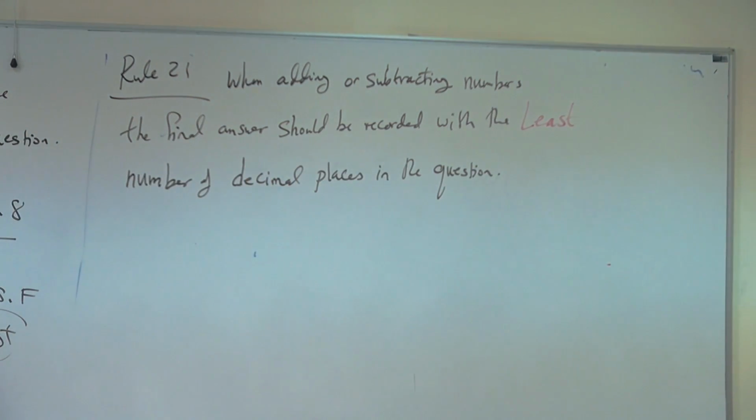So in addition and subtraction, what's the rule? Take the least number of decimal places, not the significant figures.